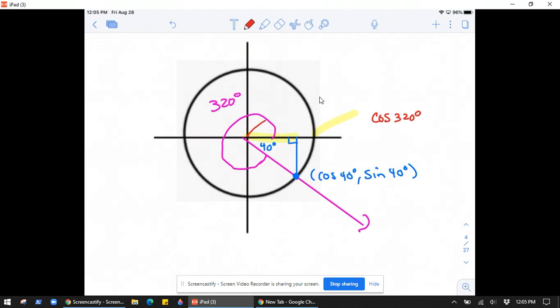Well, 40 degrees is here. Let's see how they relate. If that's 40 degrees, these triangles are clearly congruent, the red and the blue/pink, which means their sides are equal. But they share this side right here. So again, this point you can think of as cosine of 40 degrees, sine of 40 degrees.